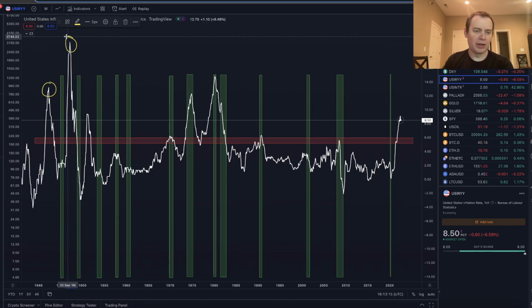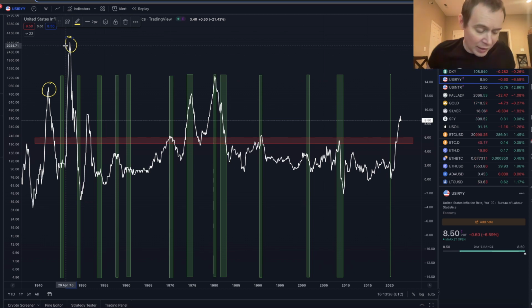So what you notice is that so far, getting out of these periods of high inflation does tend to lead to a recession where unemployment is going up and the economy is slowing. It doesn't always happen as quick as we might think.